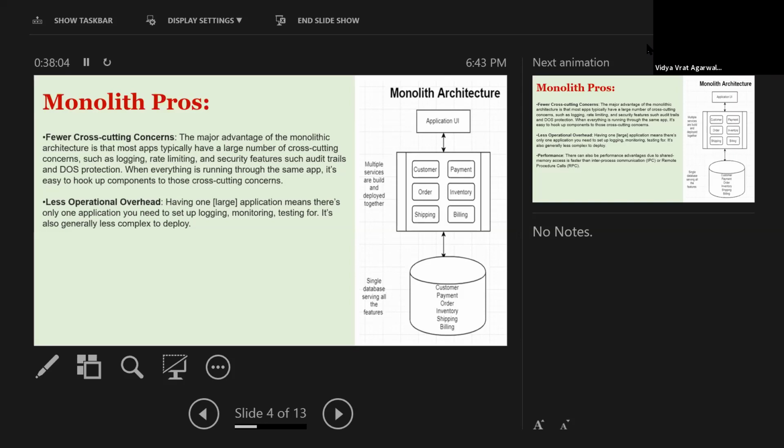Because everything is on one server only. Many times I have seen in the olden days that your UI, your controller code, and the database, everything is on one machine only. As long as that server is up, and you have enough RAM, enough hard disk space and all that, you are good to go. So less operational overhead because everything is together.